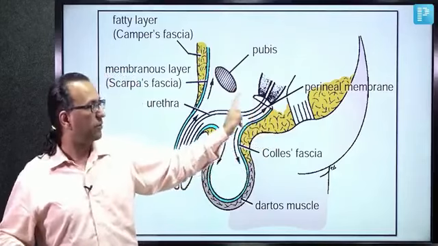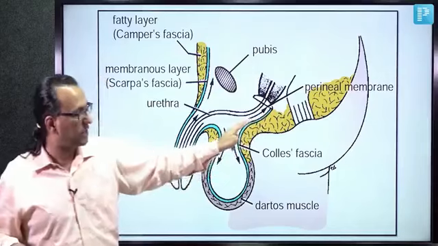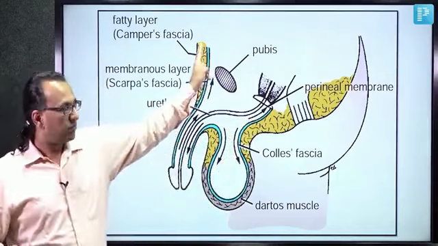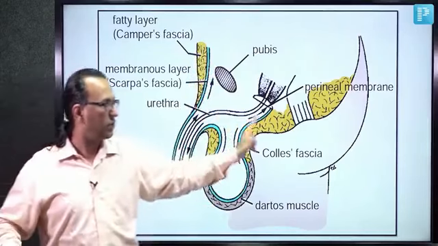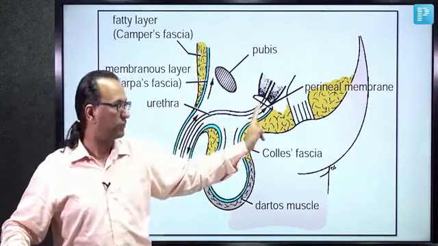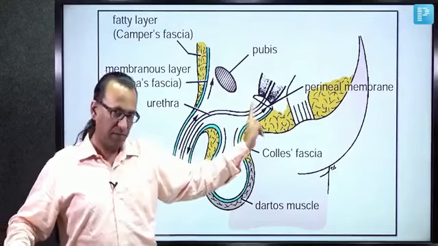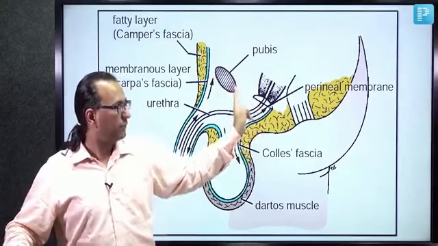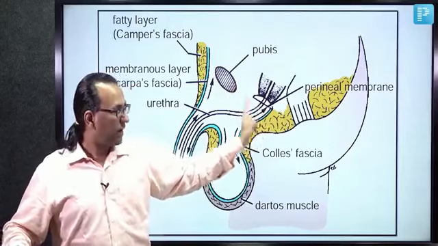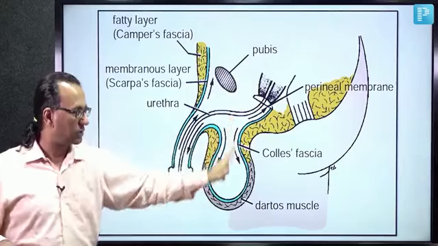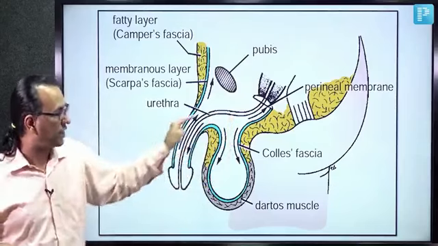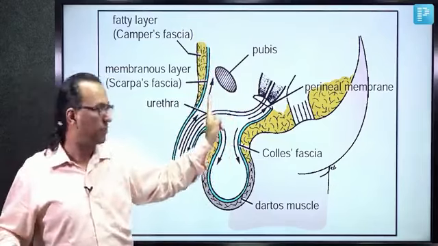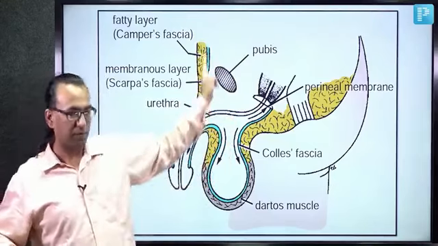The continuity of the perineal membrane, the Colles fascia, the scrotal fascia, the penile fascia, and the Scarpa's fascia makes it possible that the urine coming out of the urethra, maybe in a bulbous rupture of the urethra, will be extravasated below the perineal membrane into the superficial perineal pouch, into the scrotum, into the penile shaft, and also passing into the anterior abdominal wall in front of the pubic bone and deep to the Scarpa's fascia.